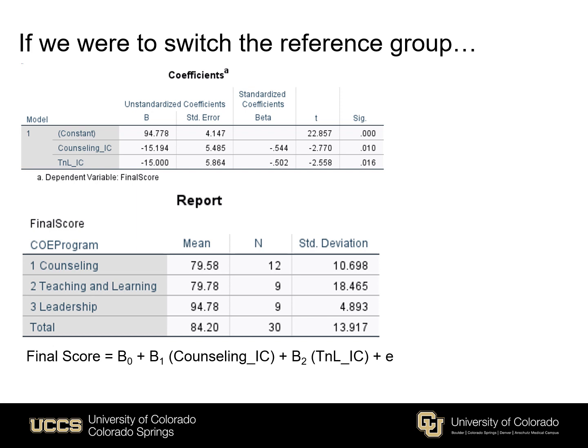Compare that to the mean difference between each of those programs and leadership. They are both about 15 points lower on average. Also note that the constant of this new model, the intercept of this new model, is 94.77, rounds up to 94.78. Compare that to the mean of the leadership group, which in this model was the reference group.